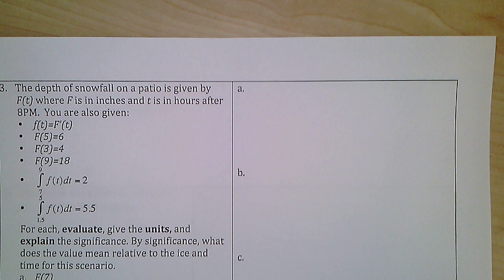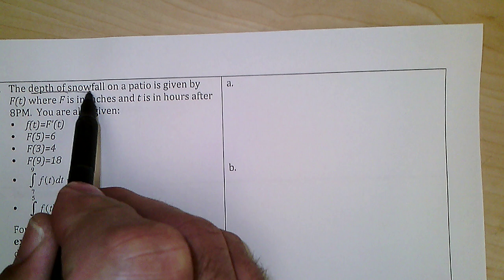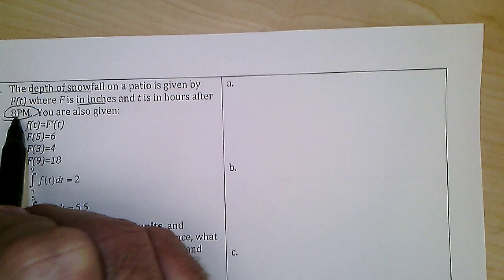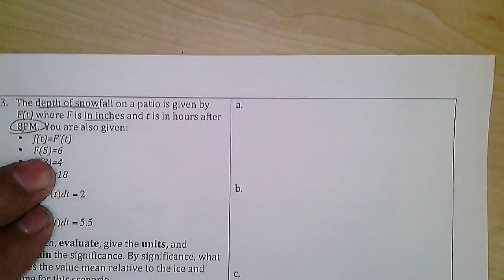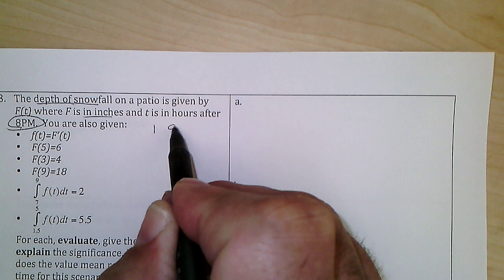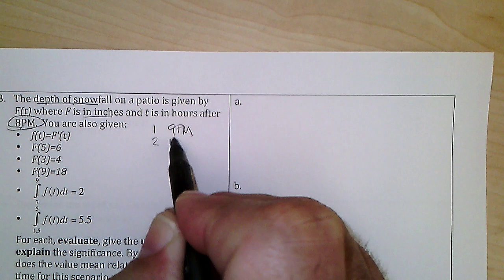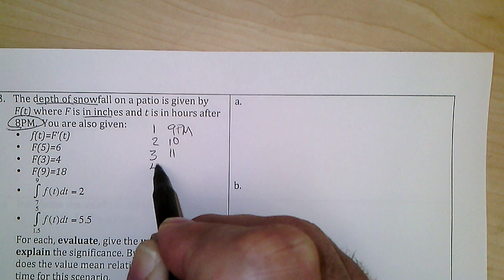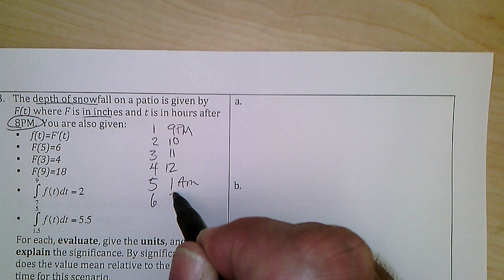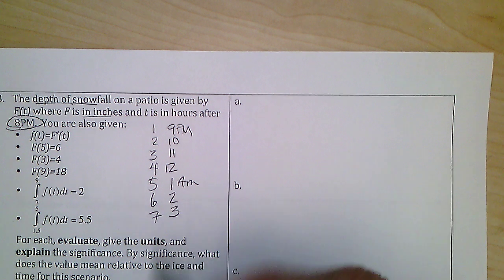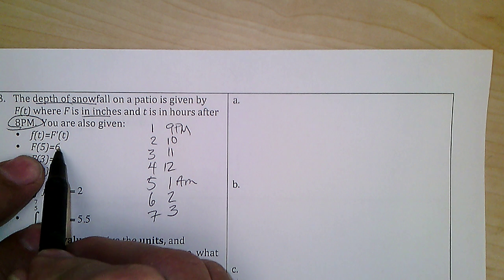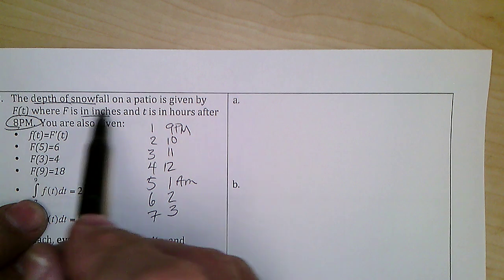Number 3. This is the depth of the snow in inches on a patio after 8. So 1 would be 9 p.m., 2 would be 10, 3 would be 11, 4 would be 12, 5 would be 1 a.m., 6 would be 2, 7 would be 3, etc. So this says at 5 there's 6 inches, because F is the amount of inches.